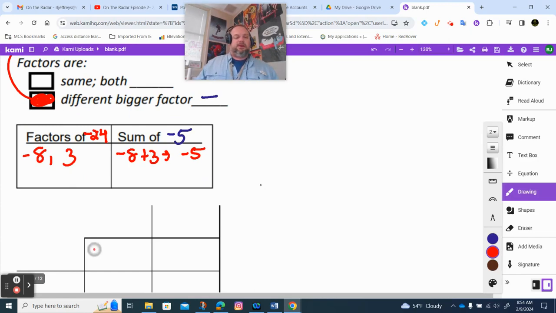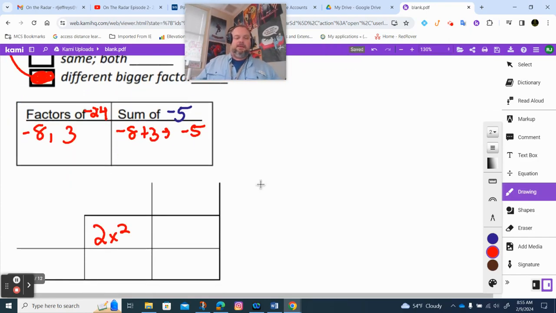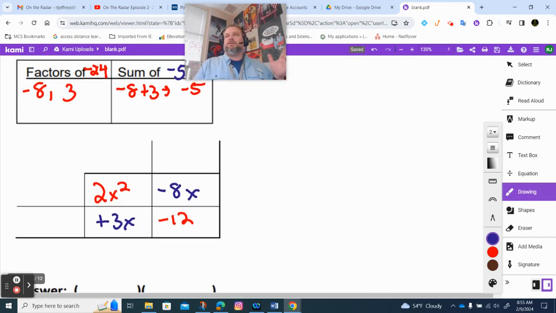So we fill out our box. 2x squared, minus 12, minus 8x plus 3x. And I just put those there. It doesn't matter as long as you put them somewhere in a separate box.